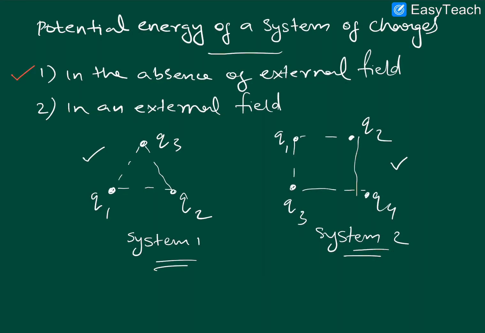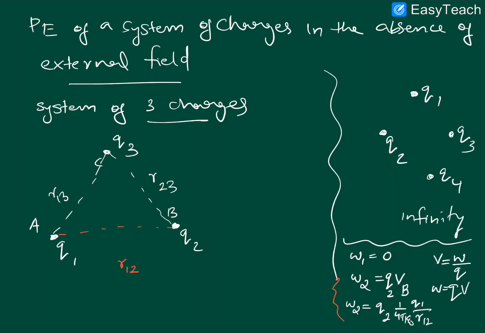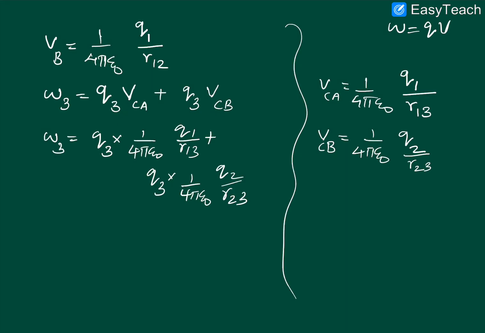So you got the system of charges, isn't it? You are having the system of charges. What is the total amount of work done in this process? You build a system of 3 charges, and how much work you did in that process? It is nothing but W is equal to W1 plus W2 plus W3.